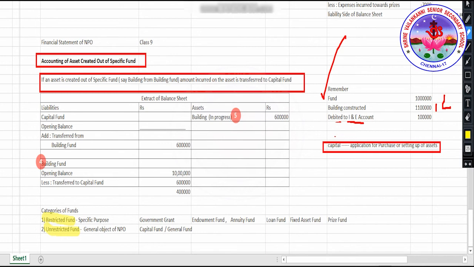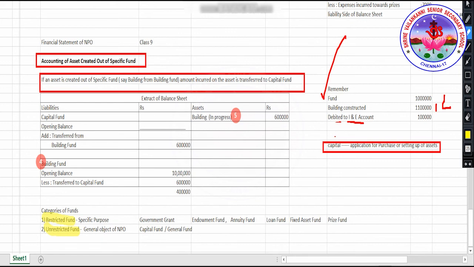The other category is unrestricted fund. Unrestricted fund is created for general purpose, that is, there is no specified purpose for which it has to be applied. It is for the general objective of the NPO. Say for example, the general objective is to promote cricket. In that case, it will be utilized for promotion of cricket.